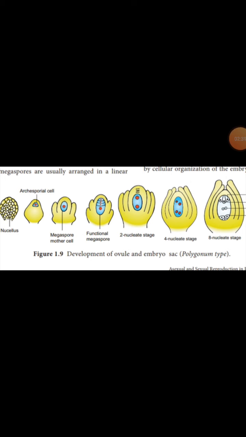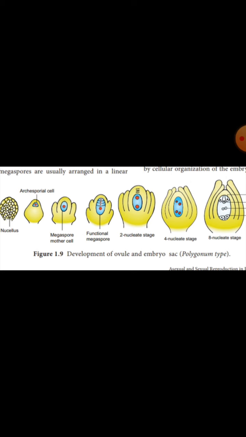Next, my dear children, refer to your book for the stages of development of the ovule and embryo sac. Especially, it is called the Polygonum type, and it can also be monosporic, bisporic or tetrasporic in nature. First there is the nucellus, a parenchymatous mass of cells, inside which is the embryo sac.